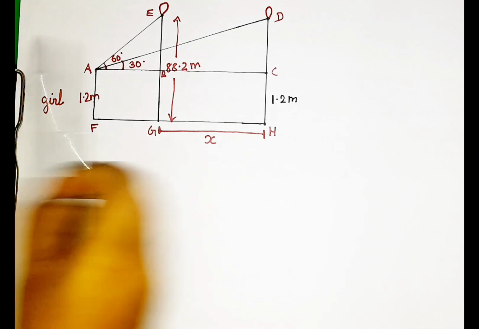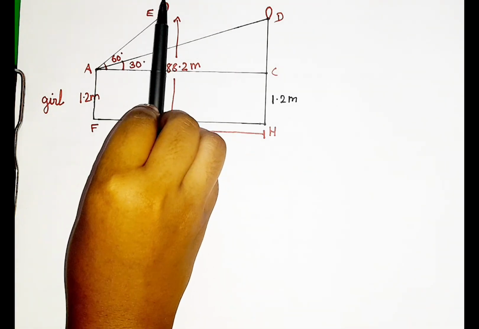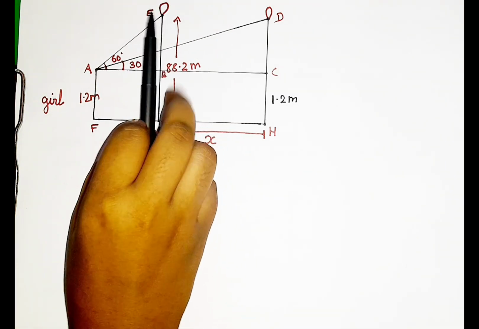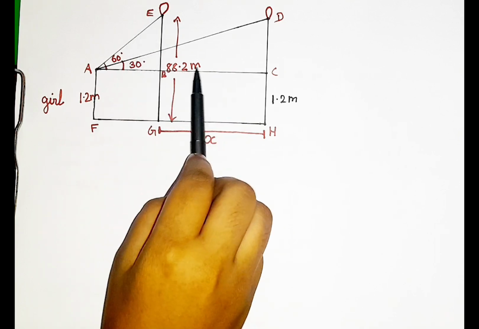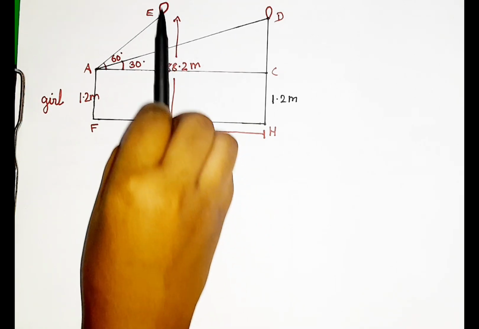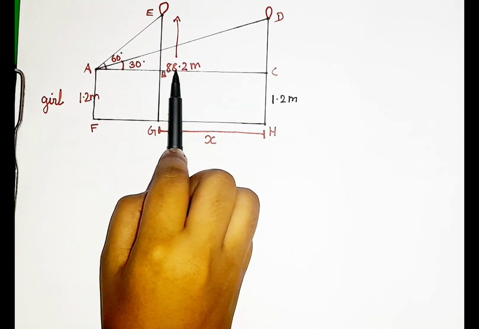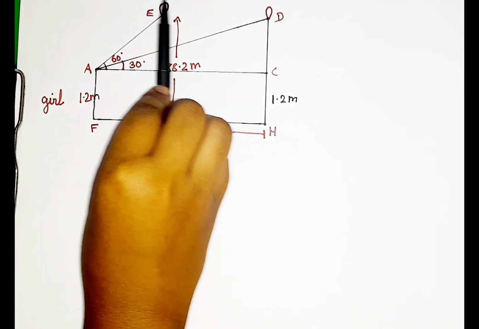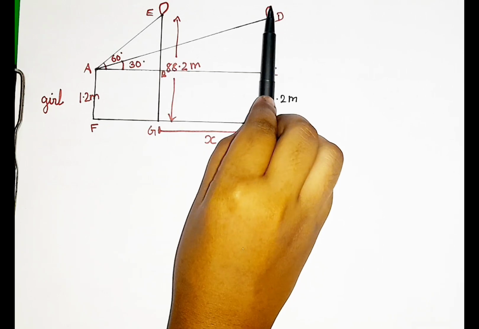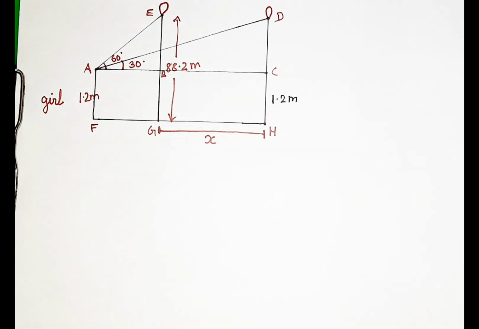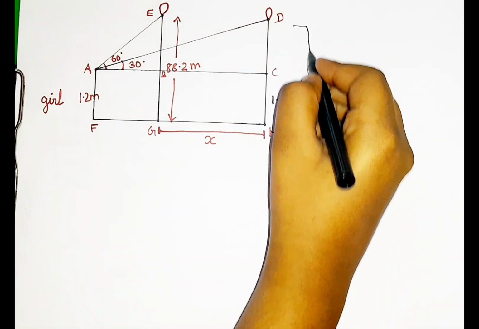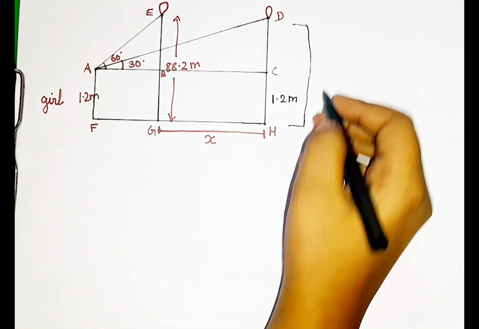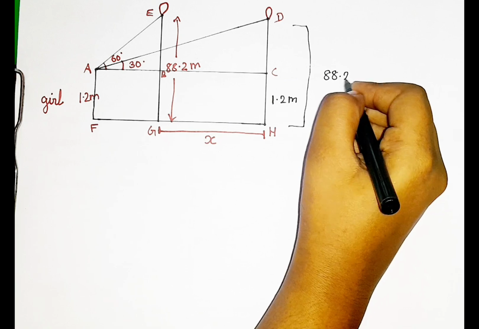And one more thing, the height of this complete line is 88.2 meter, isn't it? So since it is 88.2 meter, when it comes straight, here also it will be 88.2 meter. So let us write that as well. For the complete line, it is 88.2 meter.